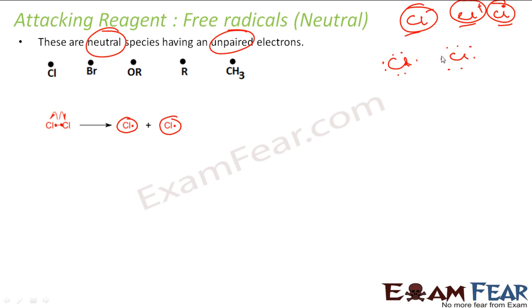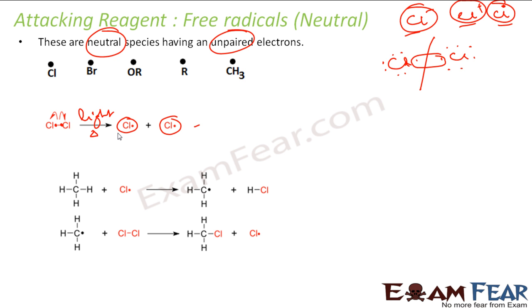When it breaks, both electrons may go to one chlorine, giving it a negative charge and the other a positive charge. Or each may get one electron, forming a free radical. We'll discuss more about this. This happens mostly in the presence of light and heat, and chlorine breaks into chlorine radicals.